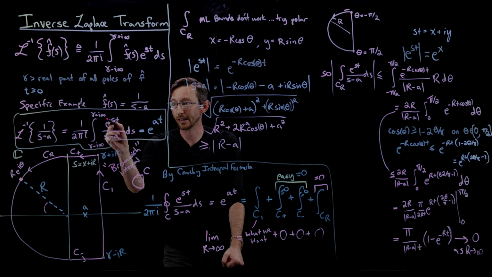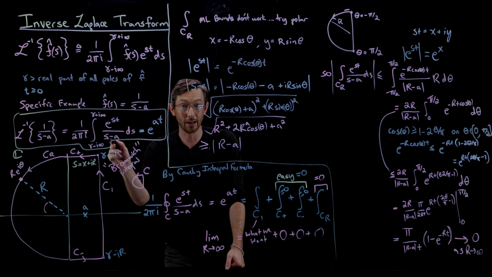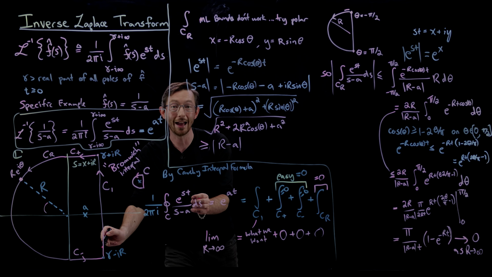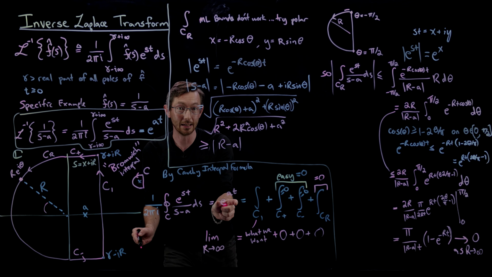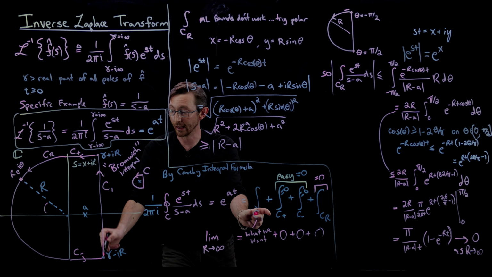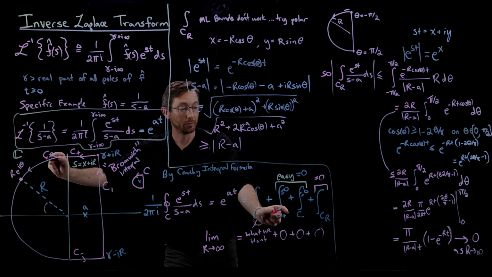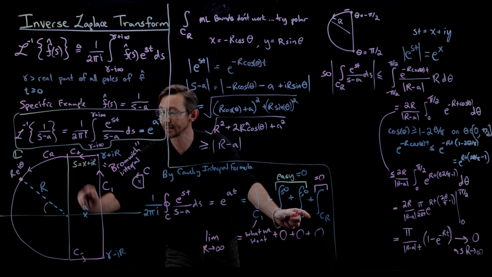It's essentially trivial, because this is an analytic function divided by a simple pole at s equals a. Then the closed contour integral of everything equals e to the at.